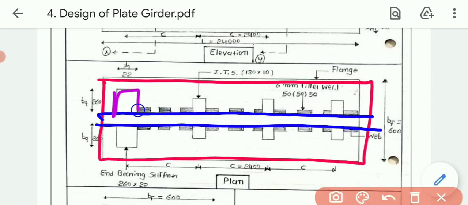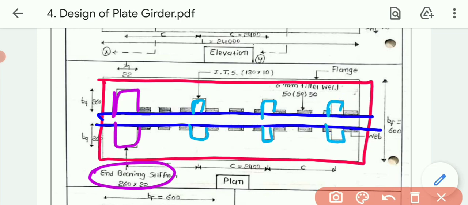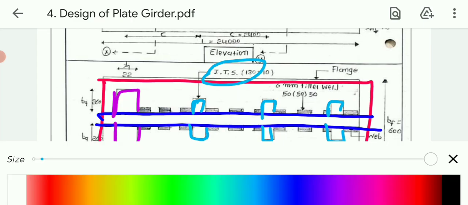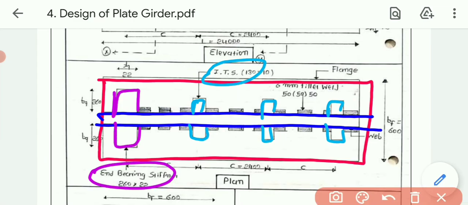This is our end bearing stiffener, you can see the notation, and this is our ITS. You can see the welding which we are watching right now, this one, it is connecting web with the flange, meaning it is the welding of step number 11.